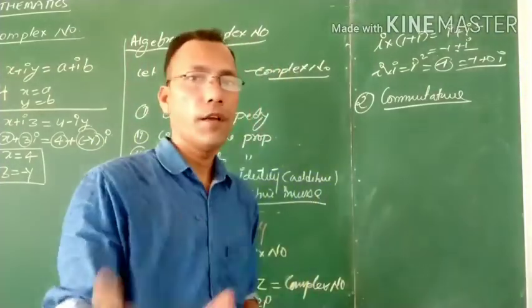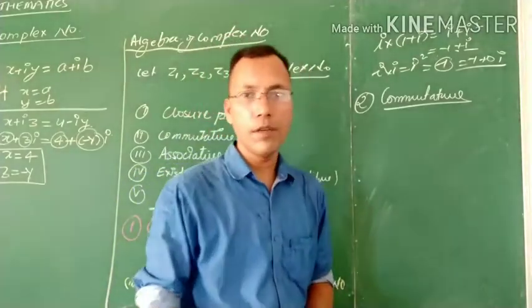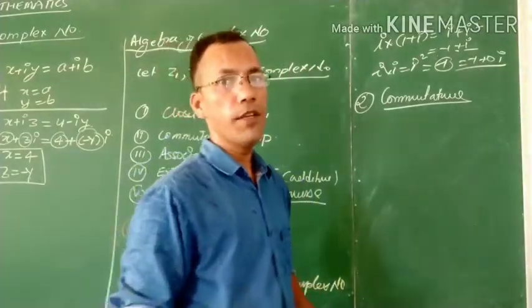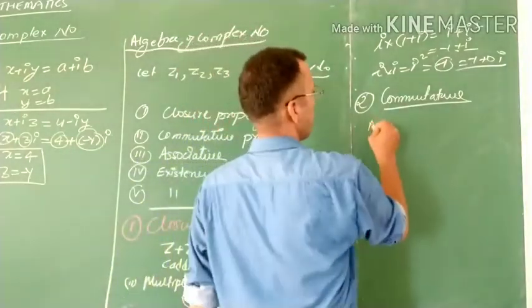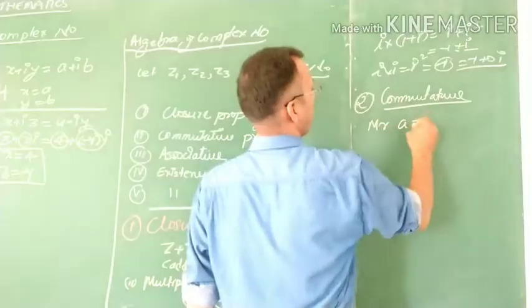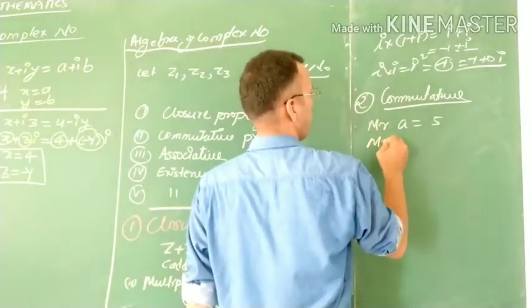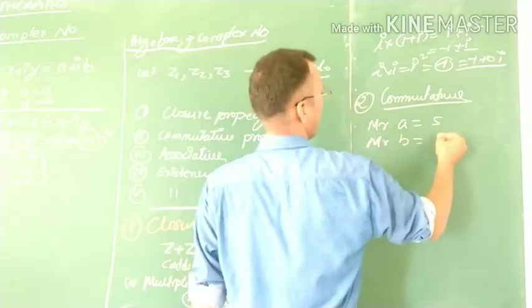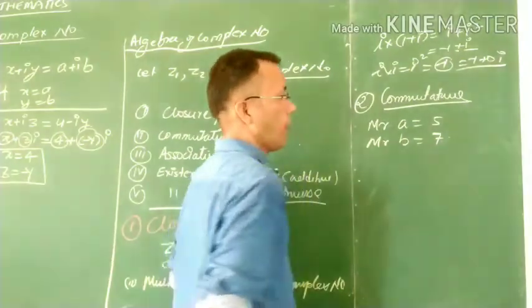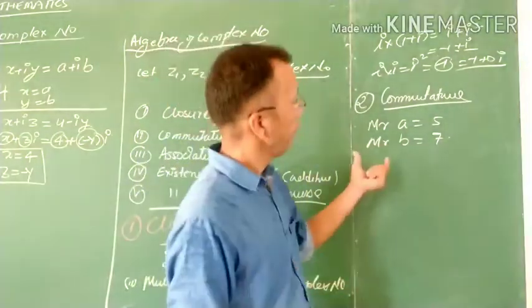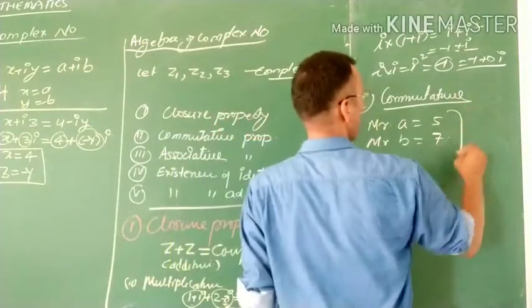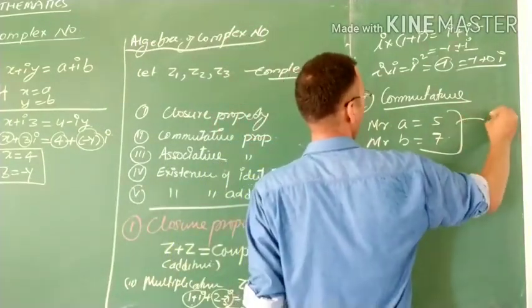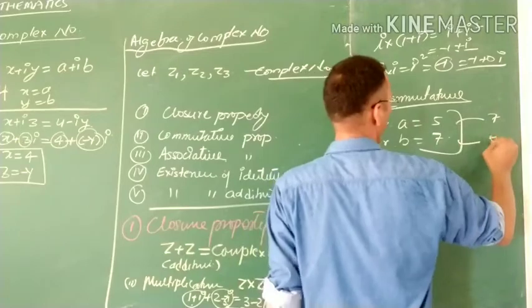Like Mr. A is roll number 5 and Mr. B is roll number 7. Now, if I change these two roll numbers, now Mr. A is 7 and Mr. B is 5.